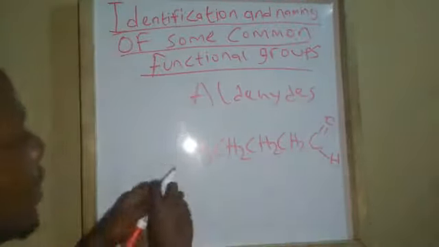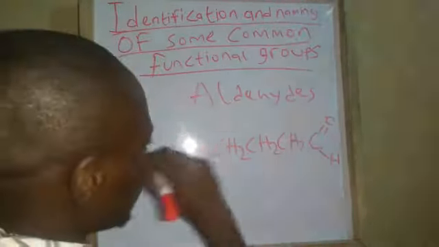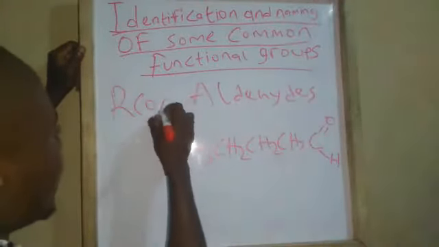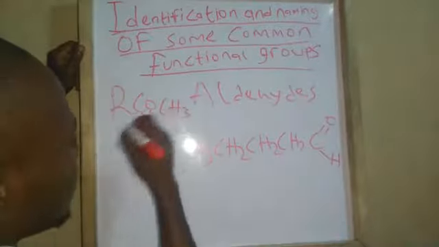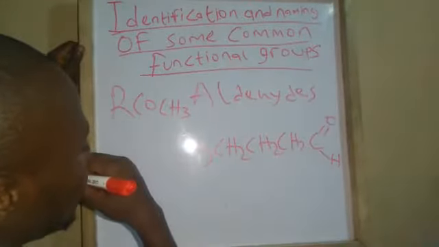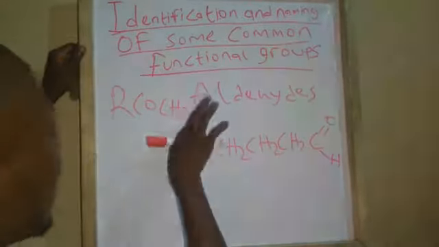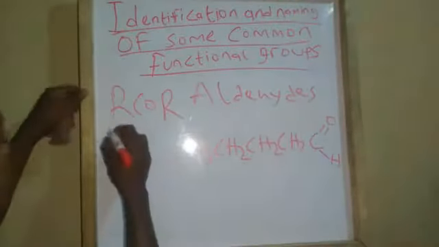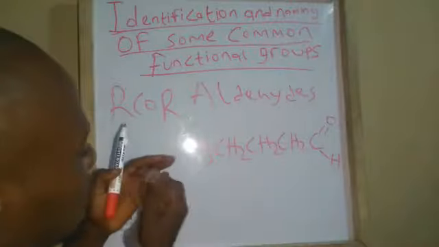Now aldehydes. Let's talk of ketones too. Ketones have the general formula RCOCH3. Am I right? Okay, RCOR. So let me clean.